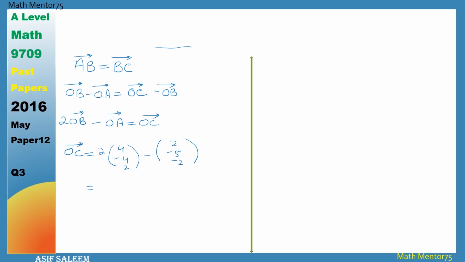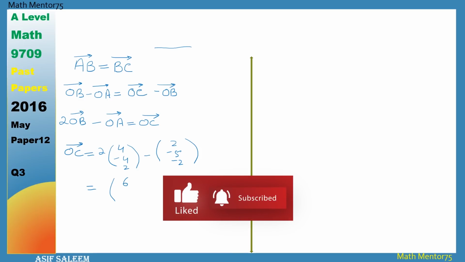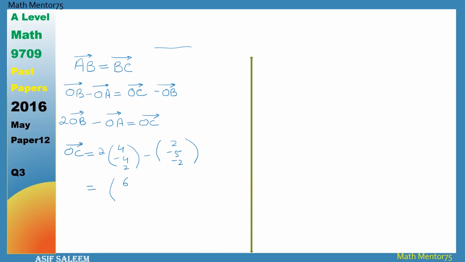After simplification we have 8 minus 2, it is 6, minus 8 plus 5, that would be minus 3, and then 4 plus 4.